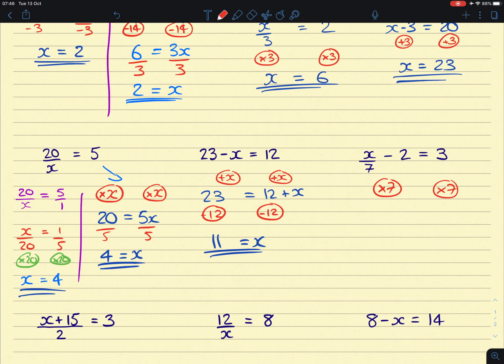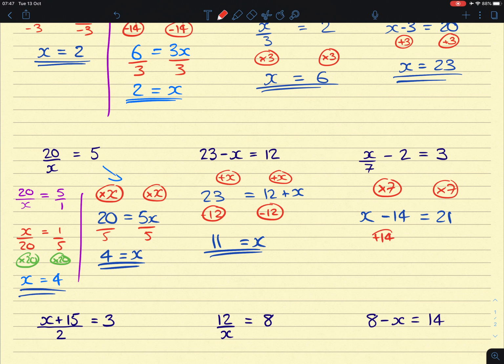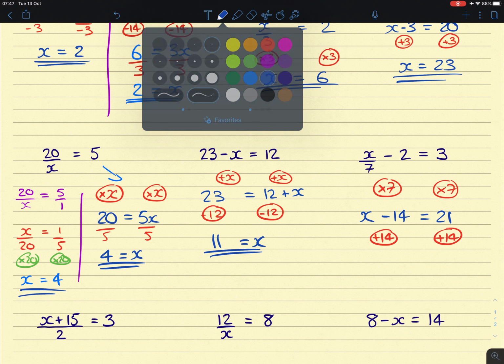So when you multiply x over 7 by 7, you'll end up with just x. We have to be careful here because of the fact that we have a minus 2. That thing needs to get multiplied by 7 as well, giving us minus 14. And then the right-hand side will give us 21. And then from there, we can add 14 to both sides. And we'll get x is 35 as our answer.